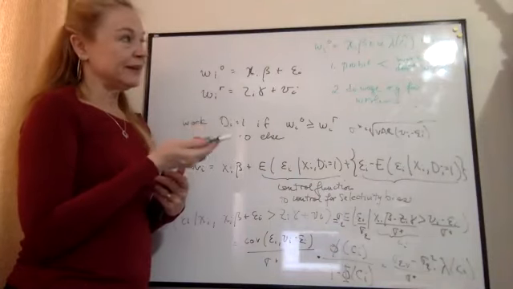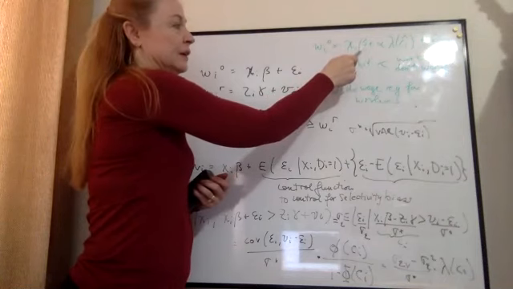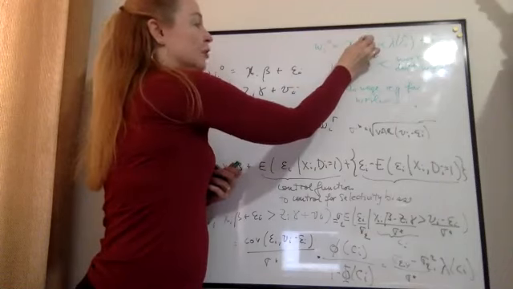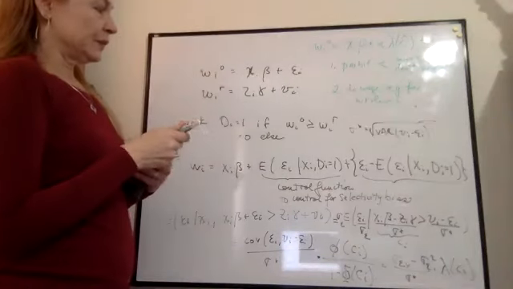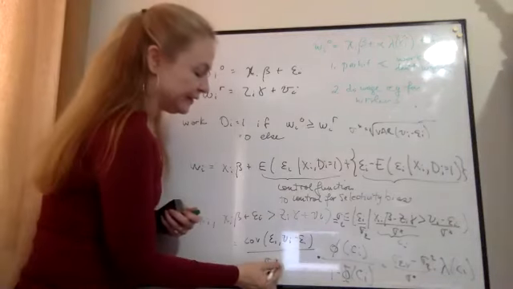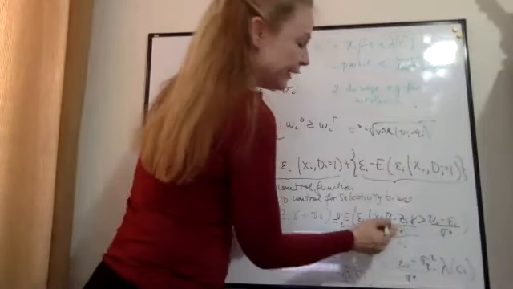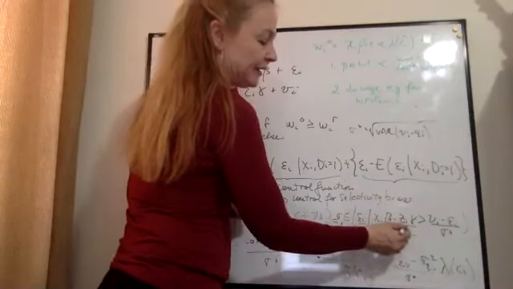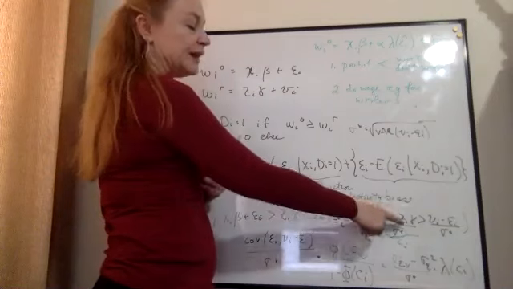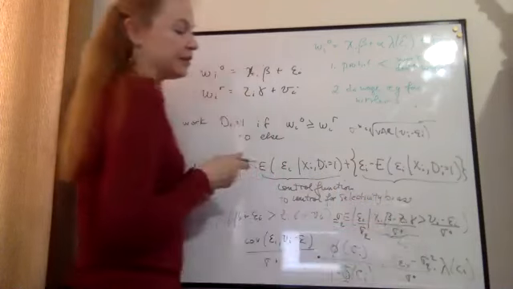Okay, now what do I get from the second stage? Well, I get beta. That's the crucial thing that I get. Now I can use my beta and go back to the probit model, and then I can actually back out this. If I have beta by itself, as long as I have some variables that are in X but not in Z, I can actually back out sigma star.